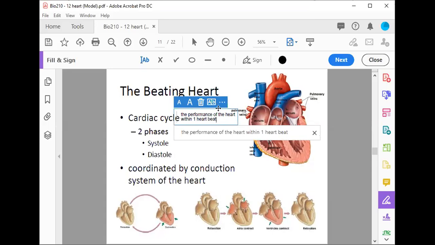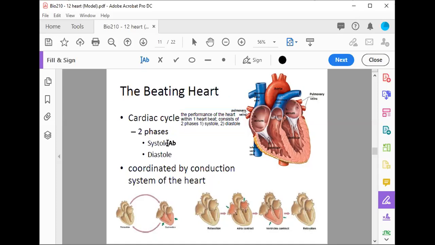Now, the cardiac cycle consists of two phases: systole and diastole. So the two phases are systole and diastole.